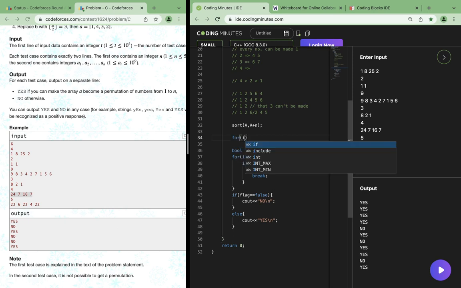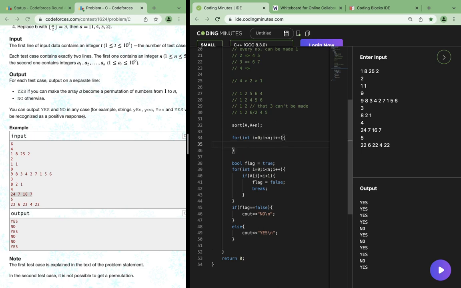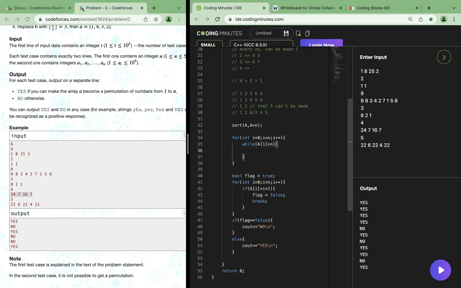So for i equals 0, i less than n, i plus plus, and then what we do is, while a of i is greater than the range we want, then we just divide it by 2, right? Yeah, this should work, right?